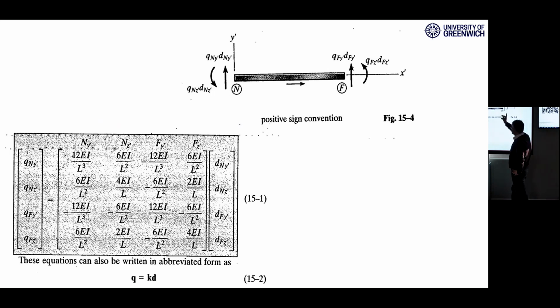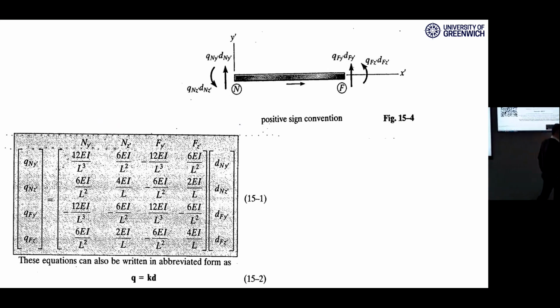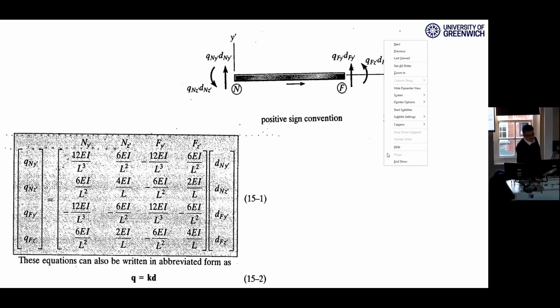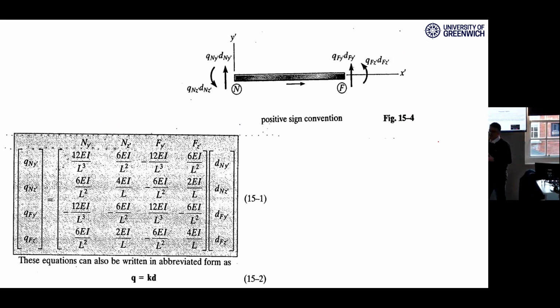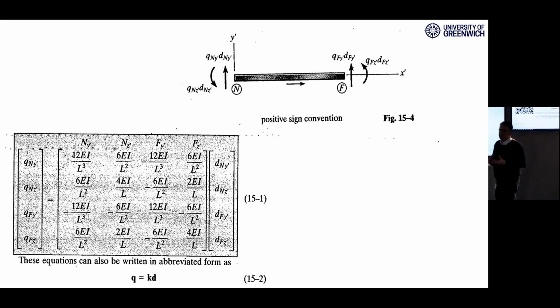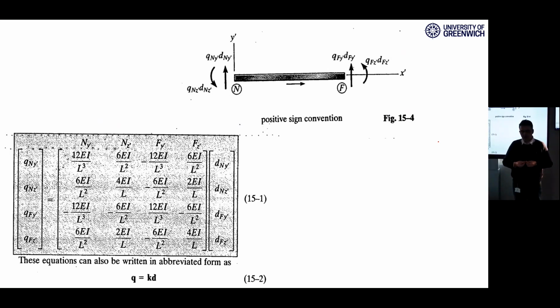It's a beam element, near end and far end. Exactly the conventions we used for truss elements as well. A truss element is a kind of element that has only one axial force in it, either compression or tension, right? But a beam element is a kind of element which has bending moment as well as shear forces.